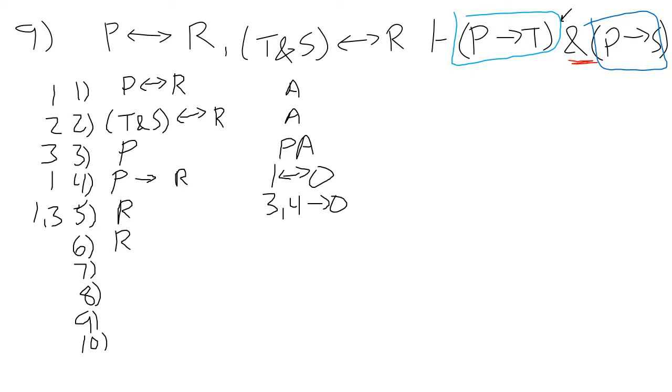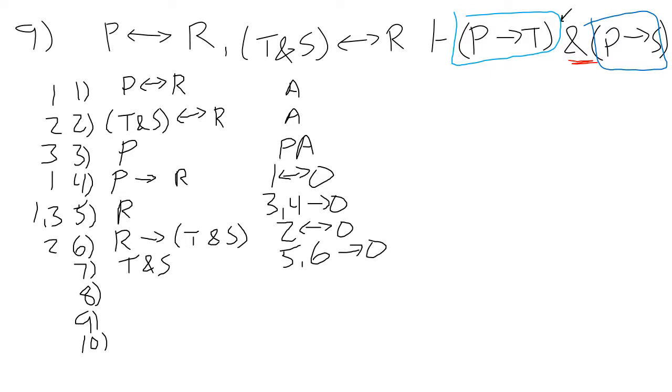Then we can get the biconditional out here in 2, and we can toss our R into our conditional statement here in 6, so we can get T and S. It's going to be 5 and 6, arrow out. 5 and 6, that's 1, 2, and 3.